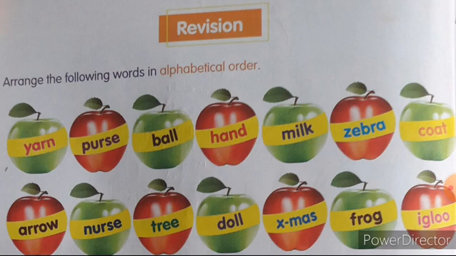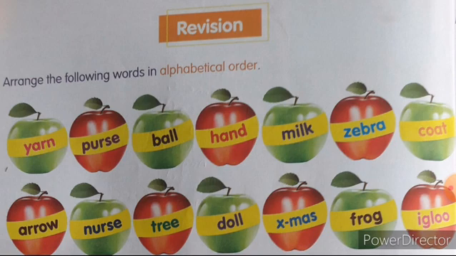Alphabetical order means to arrange the words by the starting letter, that is the first letter of the word. The first word must begin with A, the second word should begin with B, the next with C. So you have to concentrate on the first letter of each word, and according to that, you have to arrange the words.